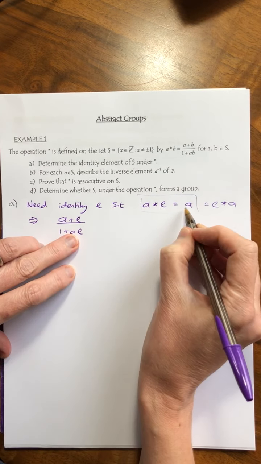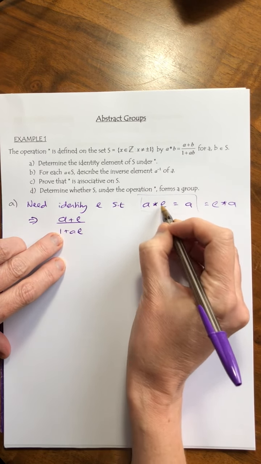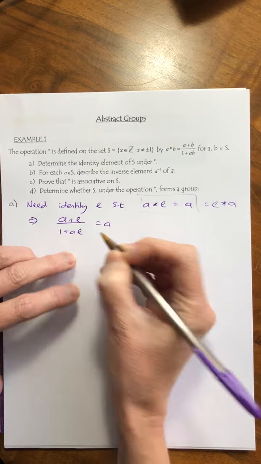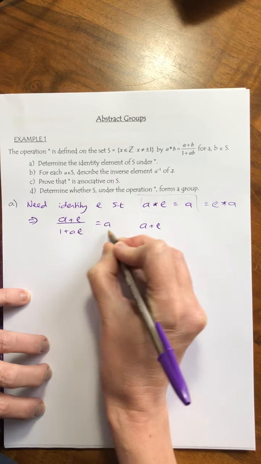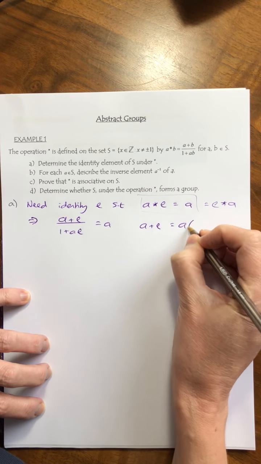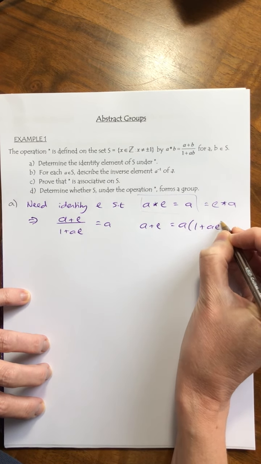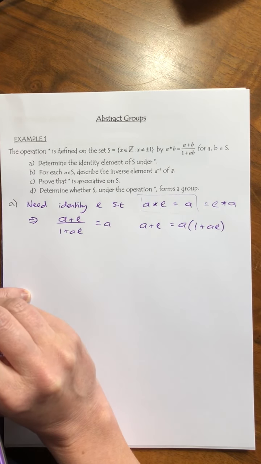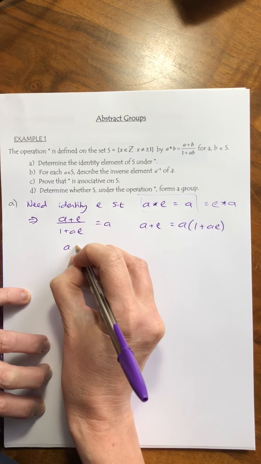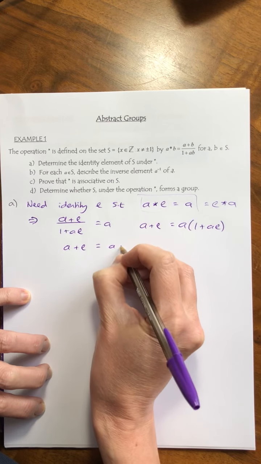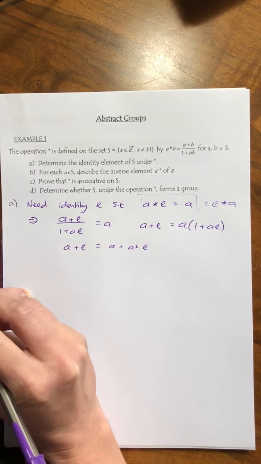So there's my A star E, I want that to equal A. And then it's just an algebraic equation that you can rearrange. That's going to be A multiplied by 1 plus AE. I can expand that bracket just as I normally would. A plus E is equal to A plus A squared E.